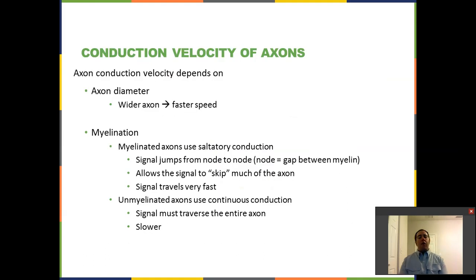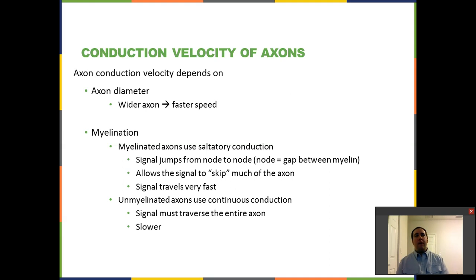So there are a couple of things that determine how quickly that action potential is going to move down our axon. One of them is very simple. A wider axon is going to allow electricity to move faster than a small axon. Some axons are big, some are smaller.